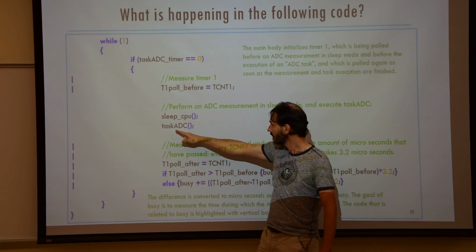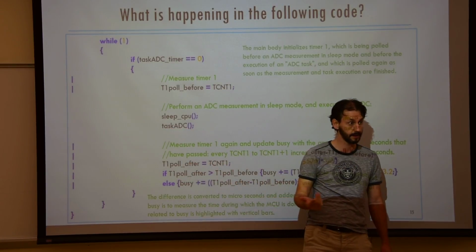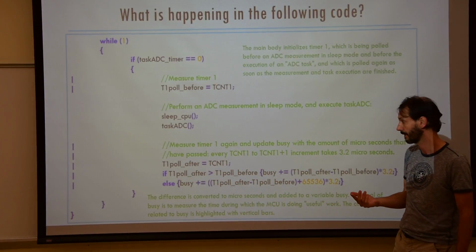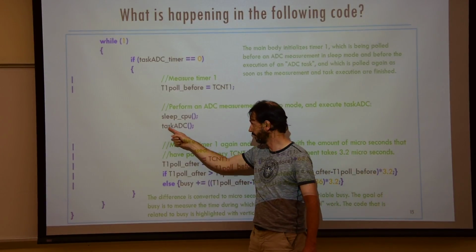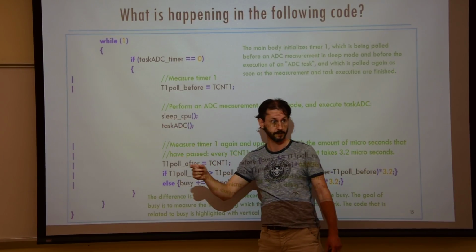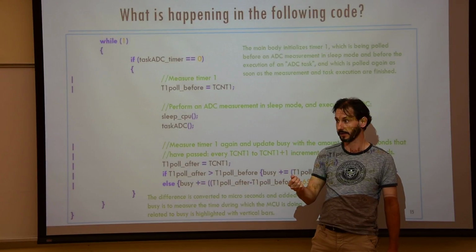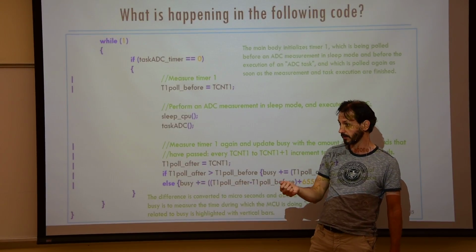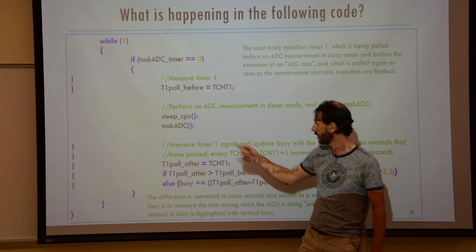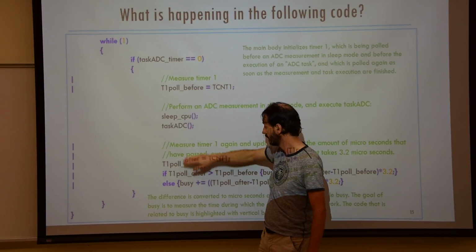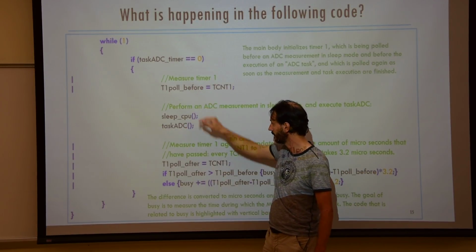So we know that task ADC on its own already takes 200 milliseconds, right? So surely 200 times you have executed the ISR for timer 0. So those executions of ISR 0 are included in the time difference measurement over here.